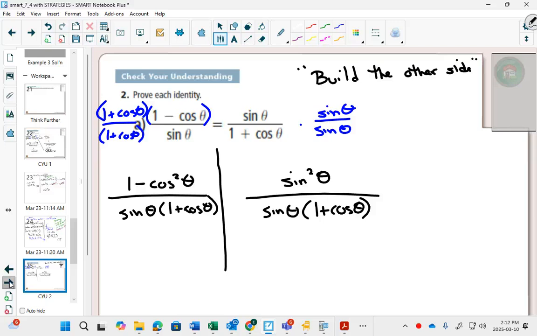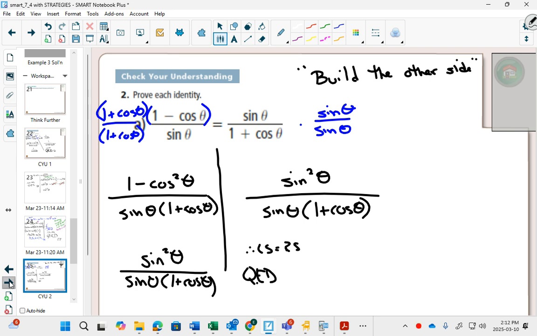One mental math manipulation: you could get 1 minus cos squared theta all by itself, and it would equal sine squared theta. And our proof is done.